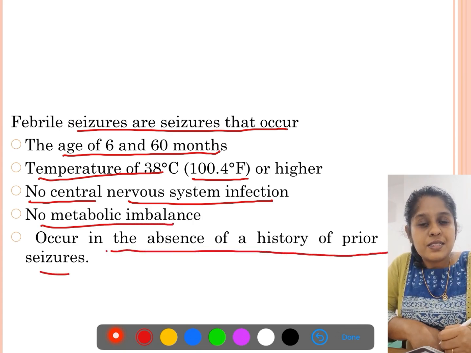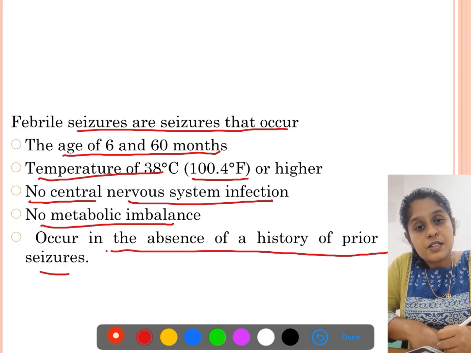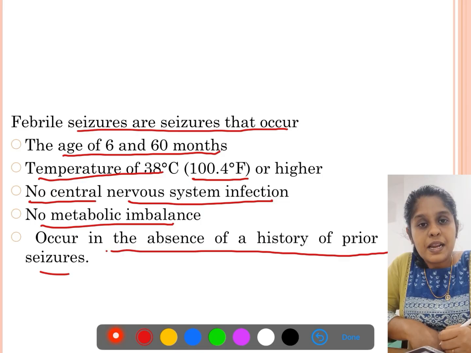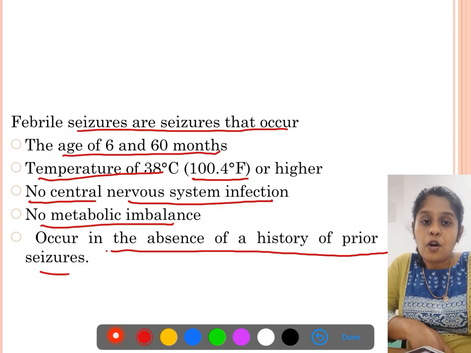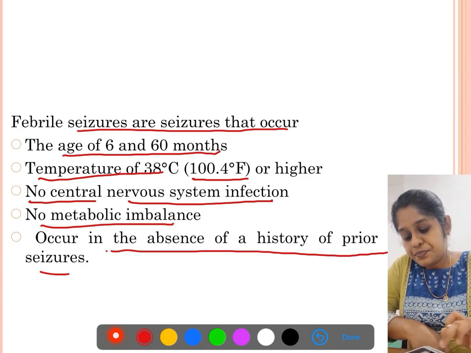According to this, the child who has presented to us has a typical first episode of febrile seizure. So we'll see what defines simple febrile seizure and complex febrile seizure, and the other related terminologies.